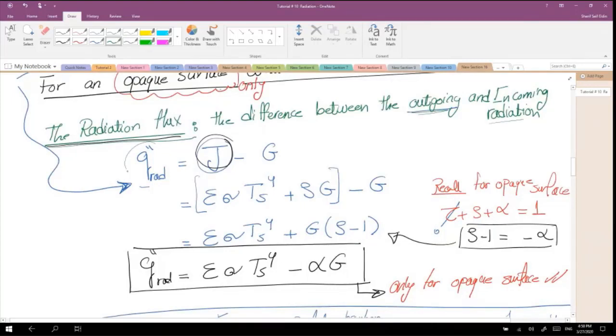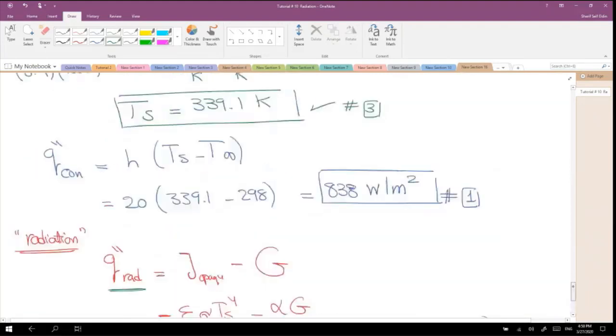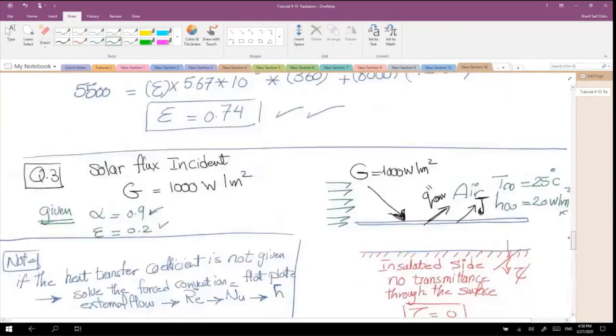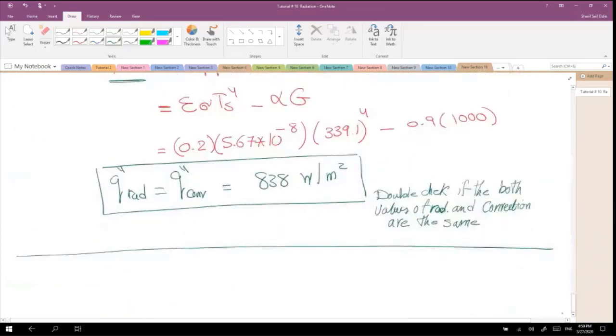So Q radiation is already in the balance here, so you don't have to account for it. Or if you want to refine all of them, I think you have to do it this way.